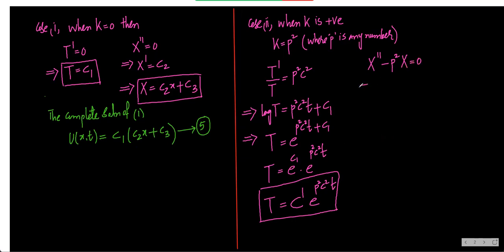This implies that we have to convert into differential equation higher order format, that is d square minus p square into capital X is equal to 0. And compulsory we have to mention what type of value you are taking as d. D means here it is d by dx only.